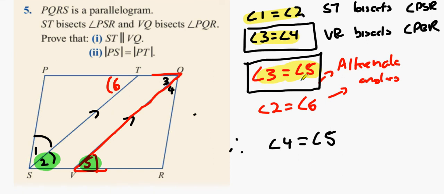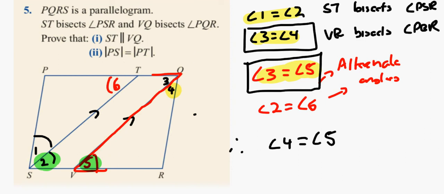Alright? And then what we're going to try and link next is we found out that angle 4 here is the same as angle 5, right? So angle 4 is the same as angle 5, and what I want to prove is angle 2 is the same as angle 5.